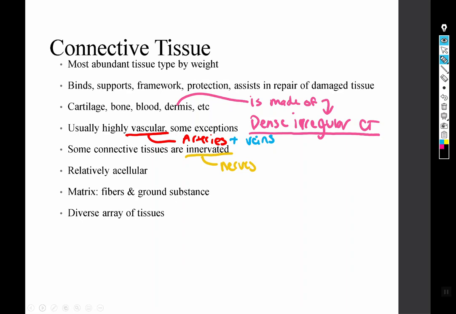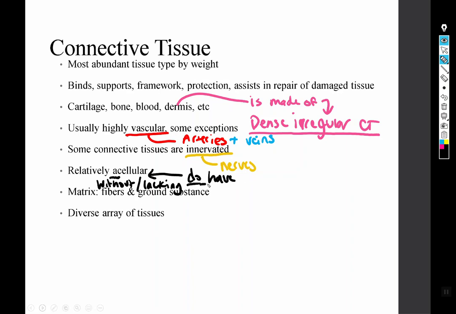Now let's talk about this, relatively acellular. A means without or lacking. So epithelia are highly cellular, meaning that the majority of what you see when you look at the tissue are cells. Comparatively, connective tissues are relatively acellular, so there are cells in them.